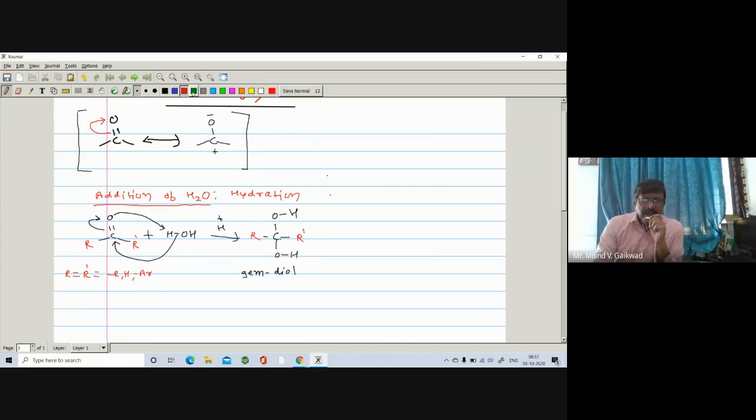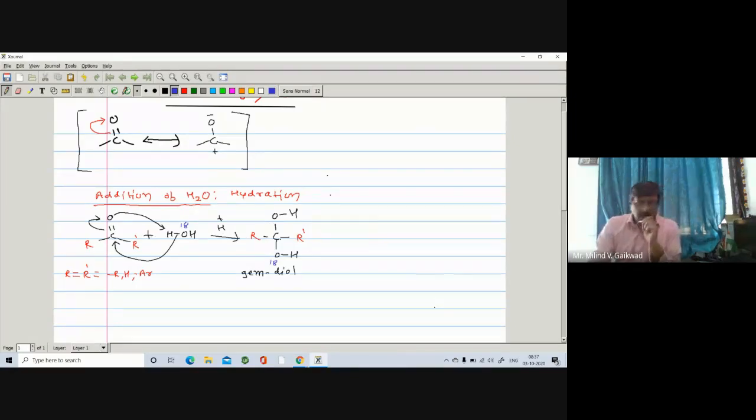Suppose in this case you label the water by O18, then there is addition of OH on this carbon. So this oxygen is O18, meaning the OH comes from this water, and this oxygen comes from your carbonyl carbon.